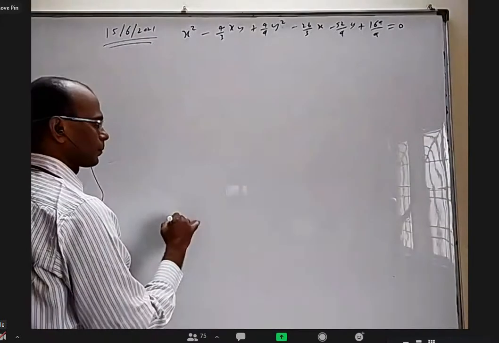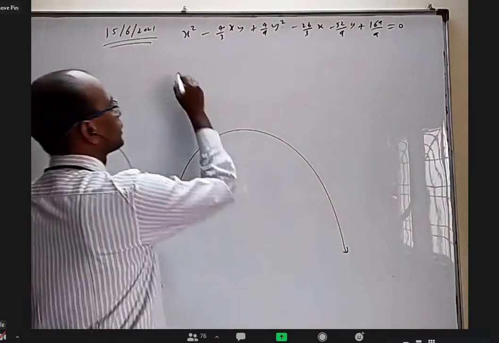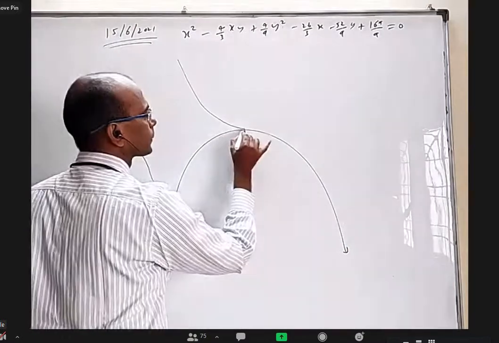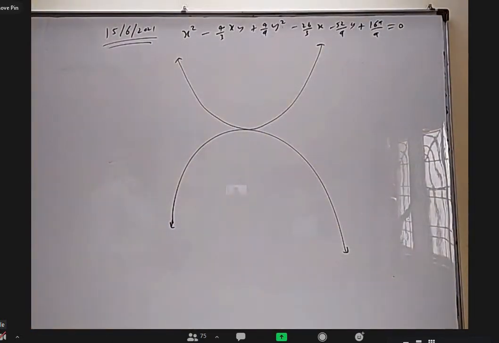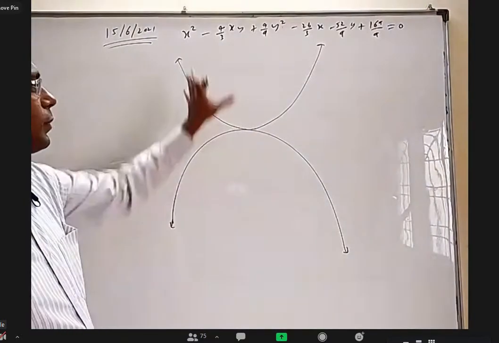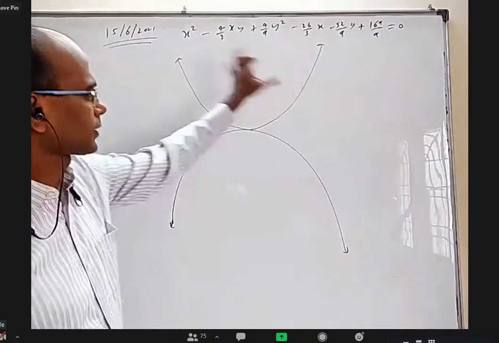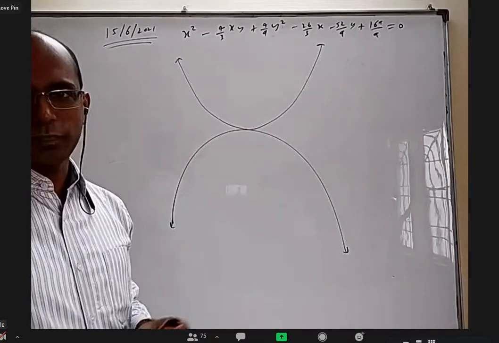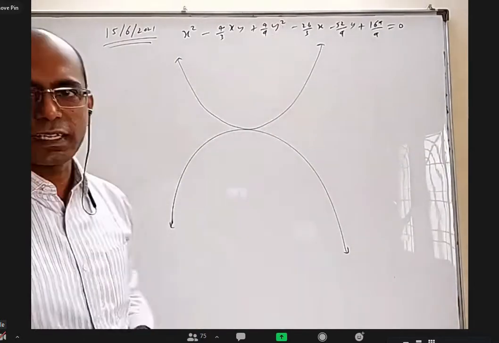One is this and one is this. Now, this parabola is fixed, but this parabola is rolling on this parabola slowly like this, but pure rolling, without any sliding, only pure rolling.